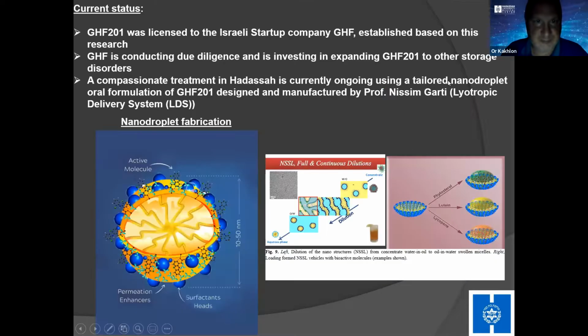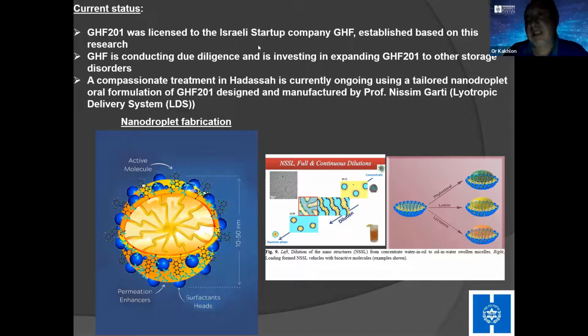So now just one last comment. If we zoom out from science, I can tell you that based on this research, a new Israeli startup company, GHF, was established.